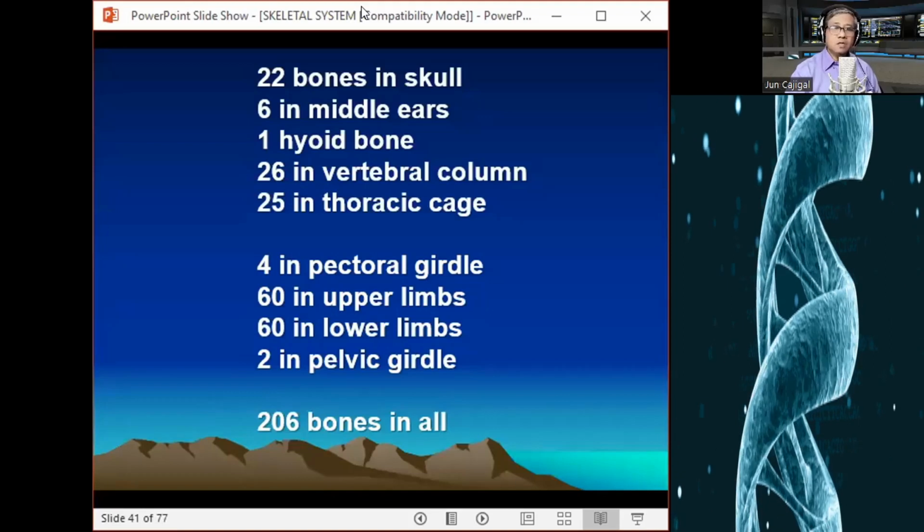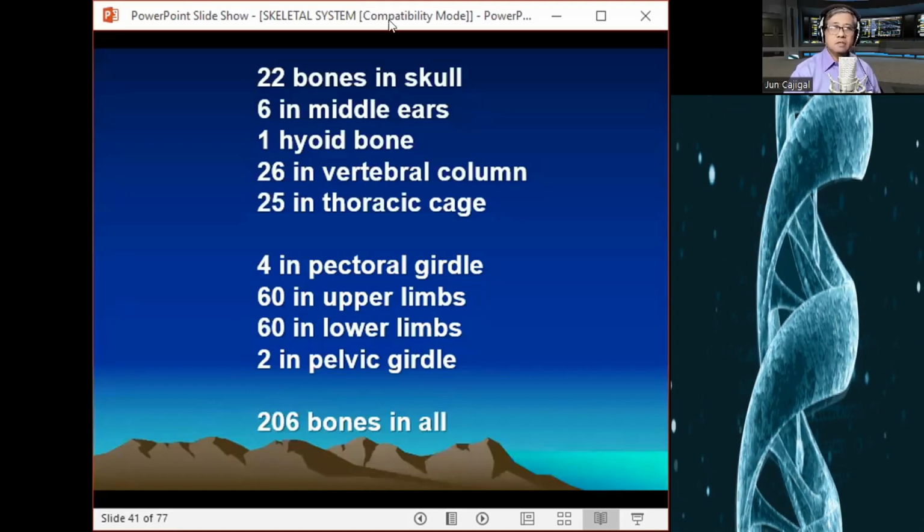So those are the bones, the axial and the appendicular skeleton.